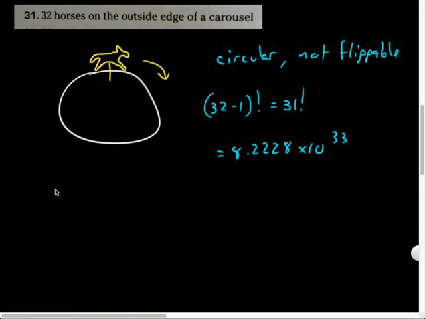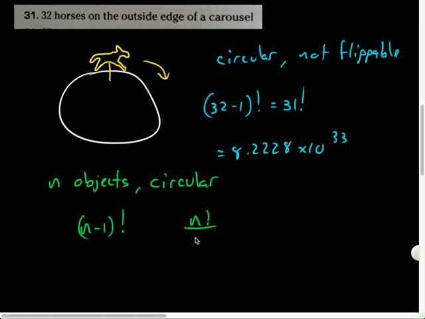Because for circular permutations, if I have n objects and it's circular, it would be n minus 1 factorial, or it's also the same as n factorial over n. You have two versions of the formula. They both are equivalent to one another if you simplify them. So that's why I was doing the 32 minus 1.